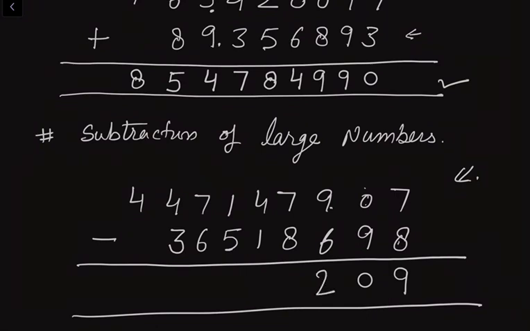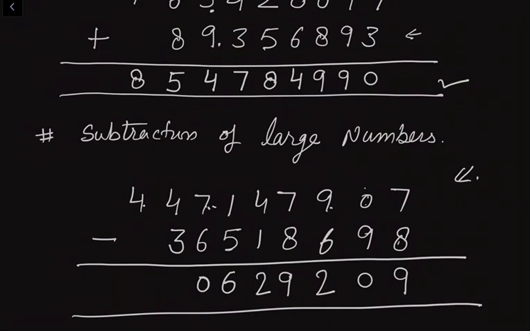And this is 7. Again we will take borrow, 17. 17 minus 8 is 9. It is 3. 3 minus 1 is 2. It is 1, we will take borrow from 7. Now it is 11, and 11 minus 5 is equal to 6. This is 6, 6 minus 6 is equal to 0.